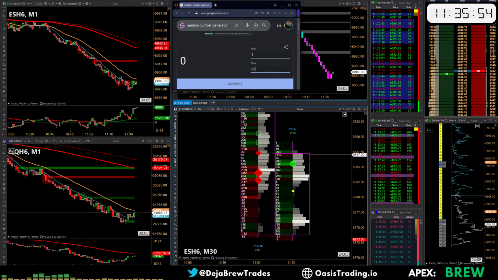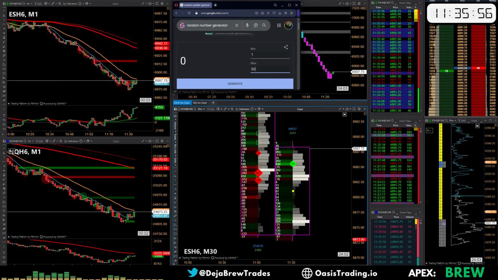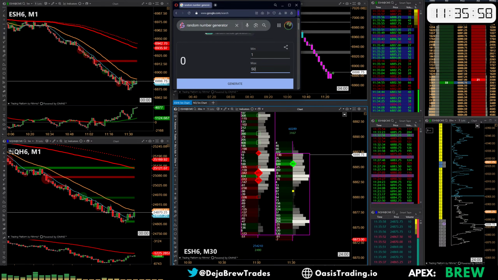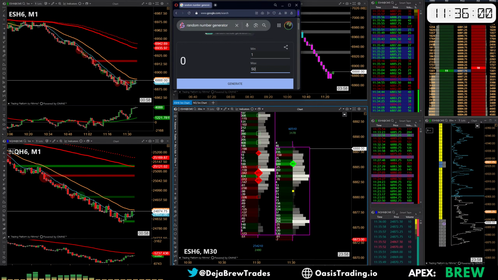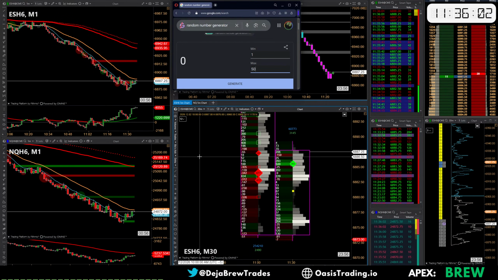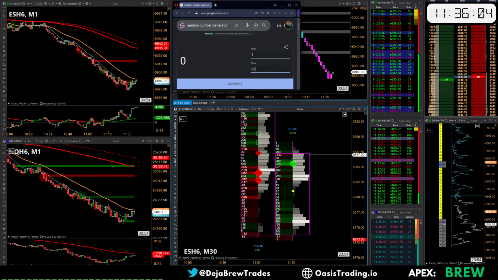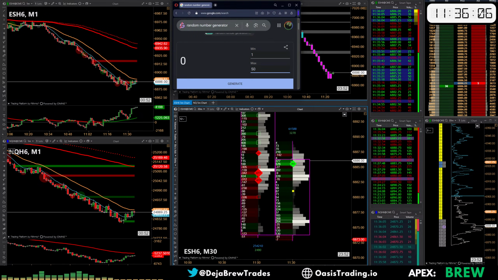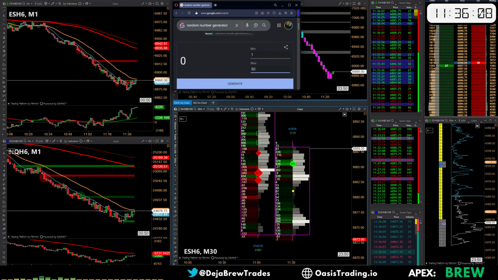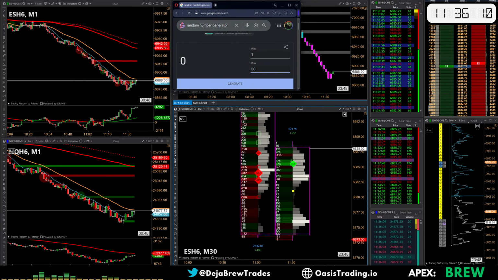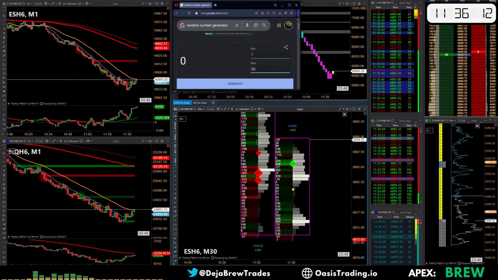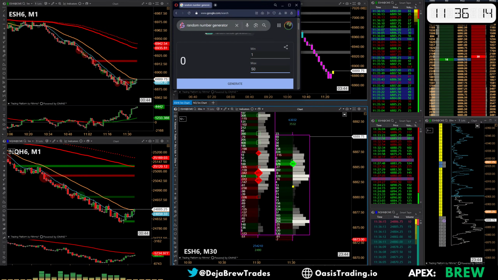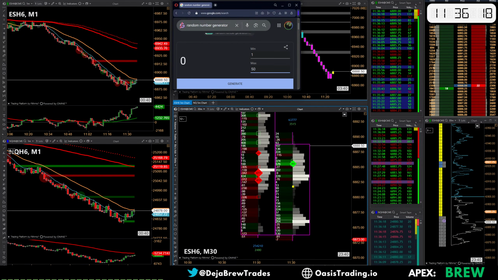So once you think it's a decent enough place that you could be taking profit, that's probably a decent enough place to be moving your stop loss up as well. It also goes for partial take profits. When you've already told yourself, this is a decent place for me to take some money off the table, that is simultaneously a decent place for you to be moving your stop loss.